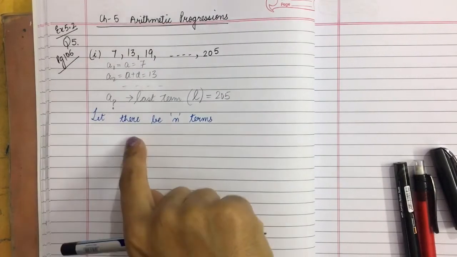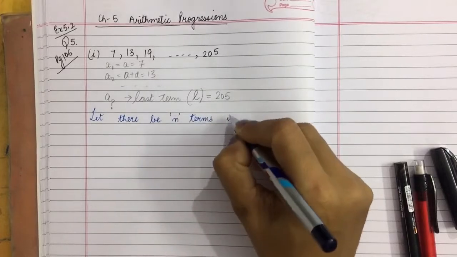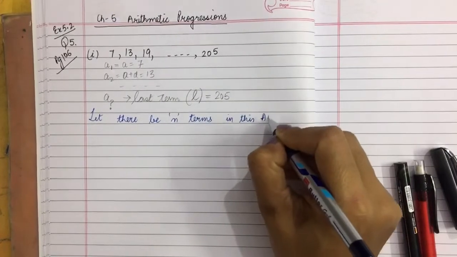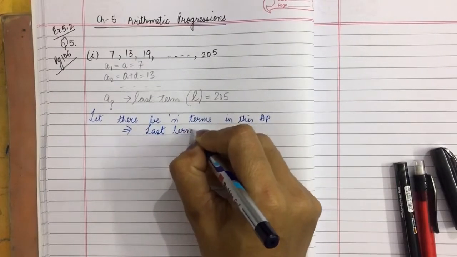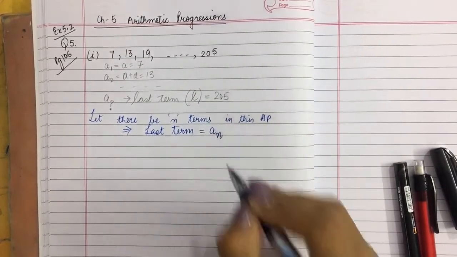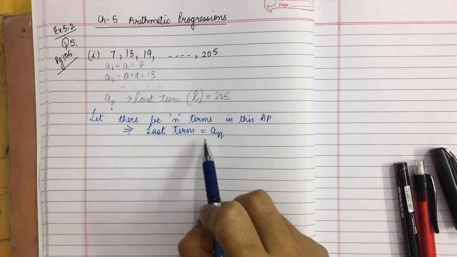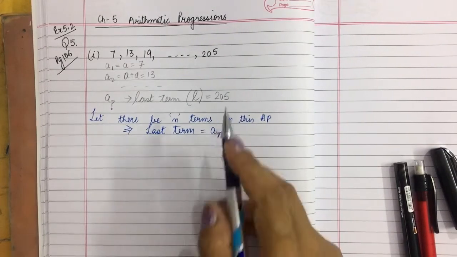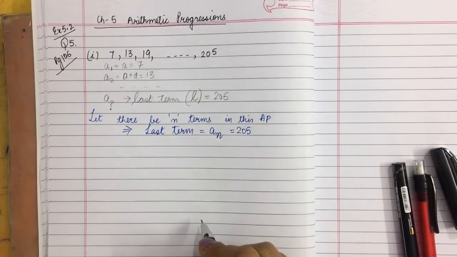Same way, in this case, I'm saying let us assume that there are n terms in this AP. This would mean that the last term is an, because n represents the last position. So the last term will be written as an, which is equal to 205.